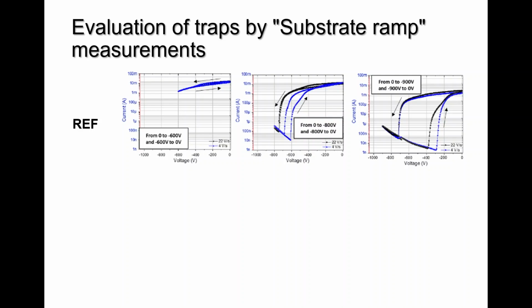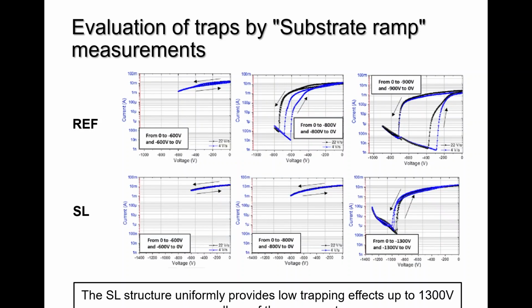And if you go beyond the specification, in this case 800 volts, you start to see hysteresis in some cases. And if you keep increasing the voltage of the substrate, at 900 volts, the hysteresis is just huge. But that's expected because you activate the traps, and these were devices for 600 volts. If you do that with the superlattice, that's really amazing.